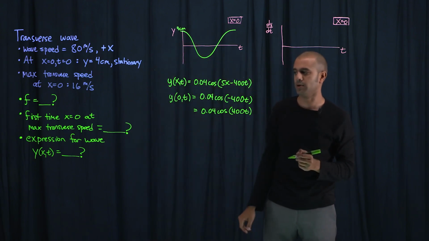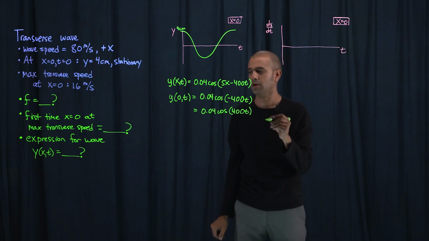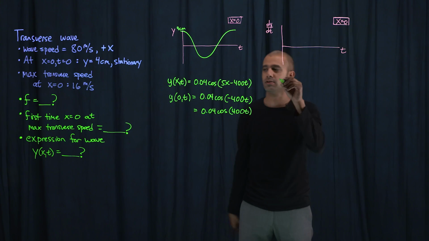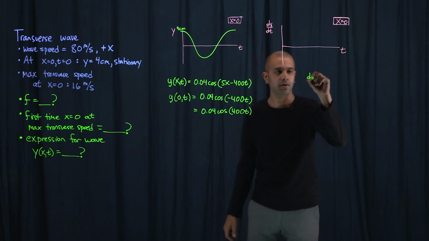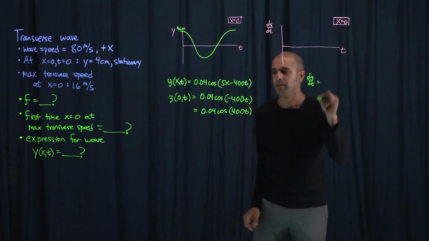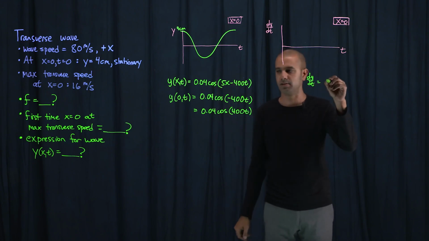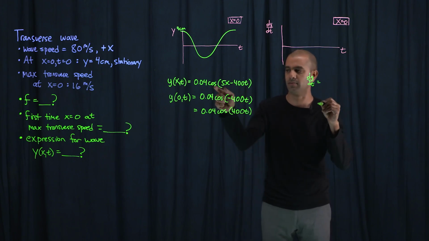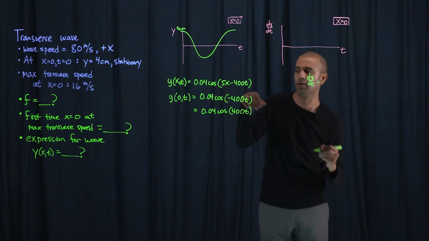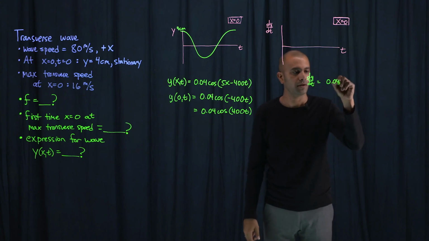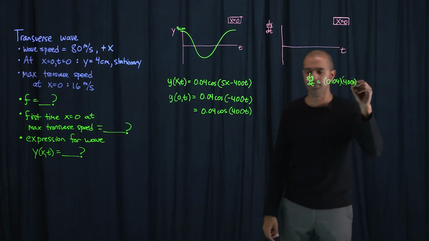Now for the transverse velocity, we'll do the same thing, except we'll take the derivative first. The derivative will give you dy/dt. With respect to time, we'll bring out the 400, and there's a minus sign in front. There's also a minus sign from the cosine derivative, so that should give you an overall positive. You don't need to worry about the values, really, just the general signs.